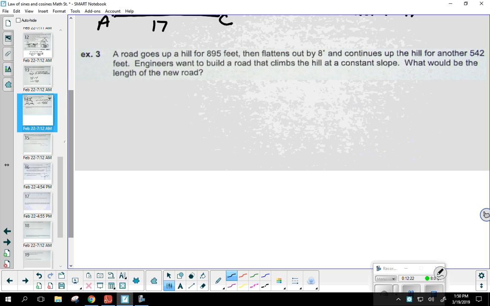Okay, so let's see what we have here. A road's going uphill for 895 feet. So let's just go ahead and draw this right here. Let's say it's 895. Now it says then it's going to start to flatten out by 8 degrees. So what does that mean? Like, how am I going to draw that? That's exactly right. So imagine if that road kept going, then it's going to tilt, as he said, 8 degrees.